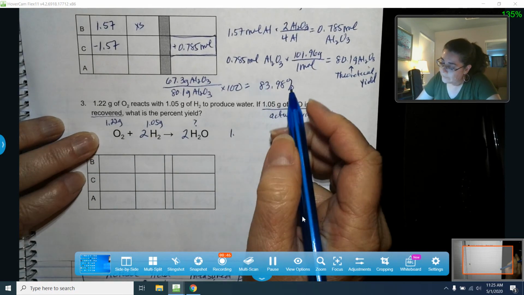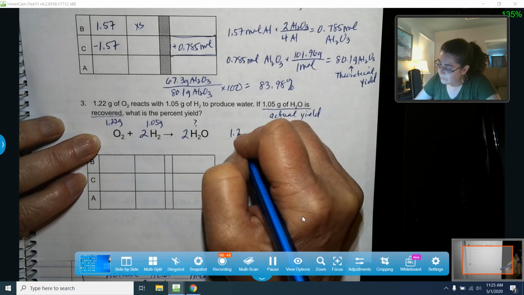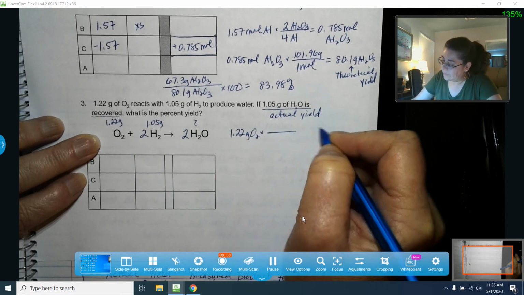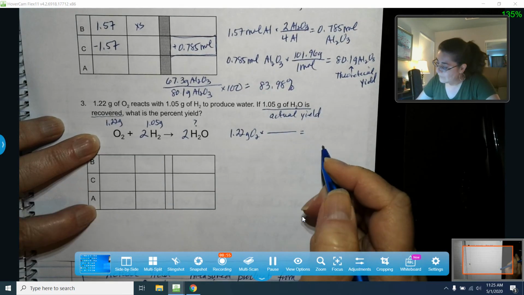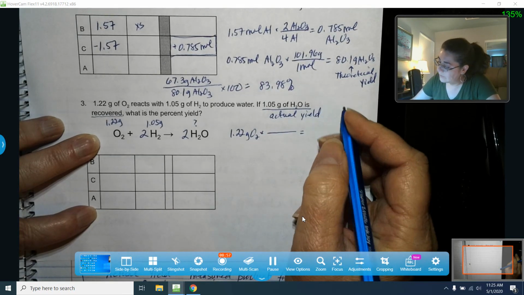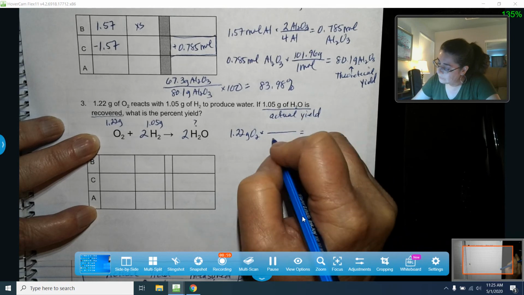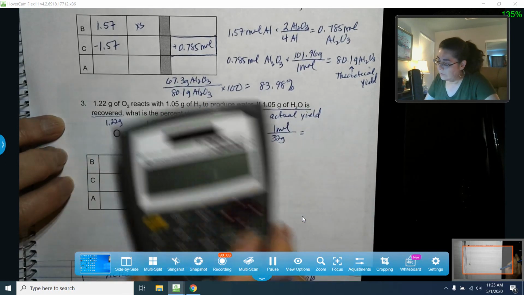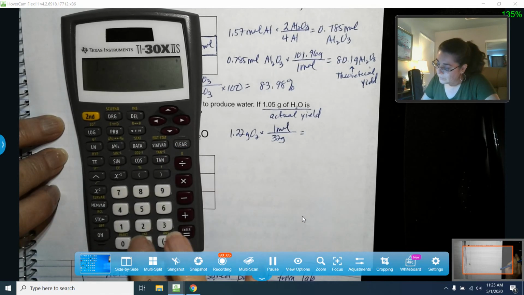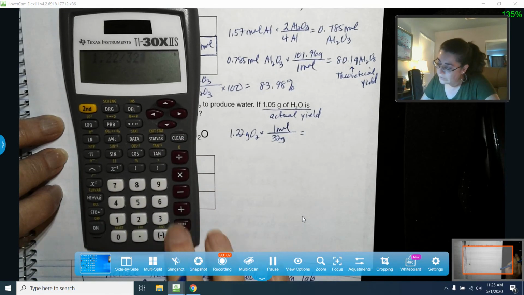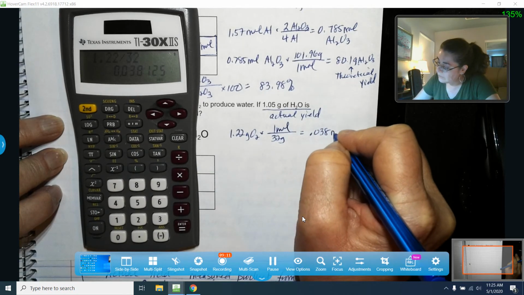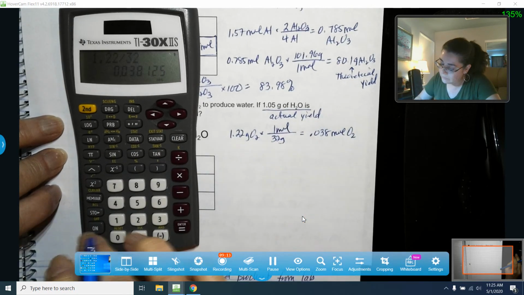First step, take our 1.22 grams of O2, convert it to moles. So 32 grams is 1 mole. 1.22 divided by 32, and I get 0.038 moles of O2.